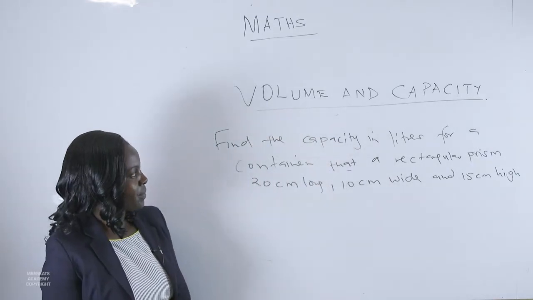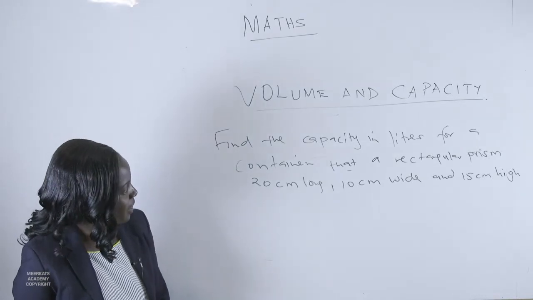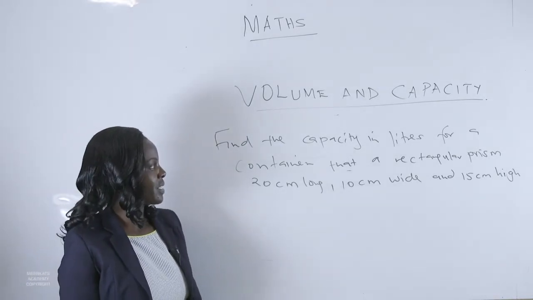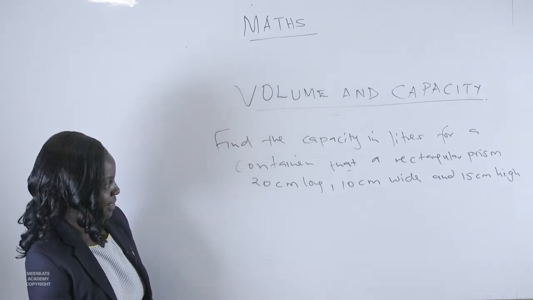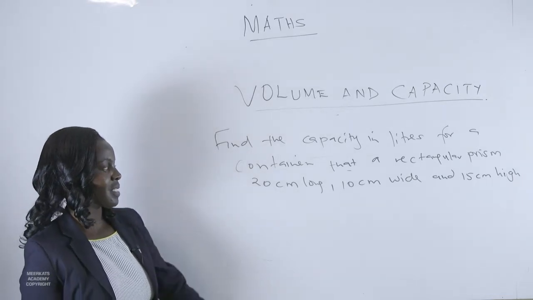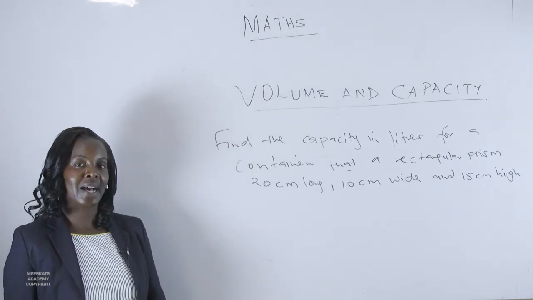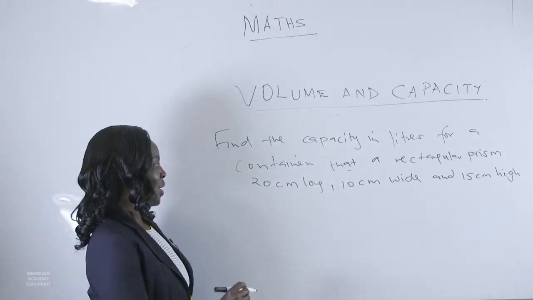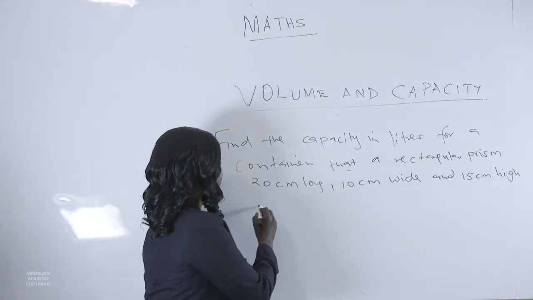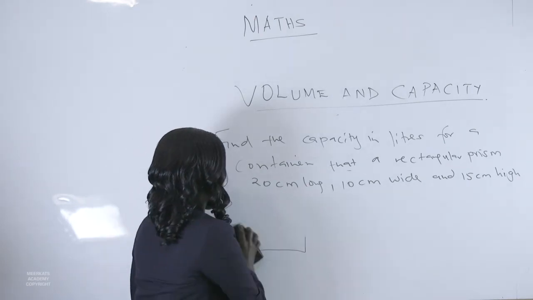Let's look at an example of how to calculate the capacity. We are told to find the capacity in liters for a container that is a rectangular prism, 20 centimeters long, 10 centimeters wide, and 15 centimeters high. So for you to be able to calculate the volume of that prism, you can represent it by drawing.